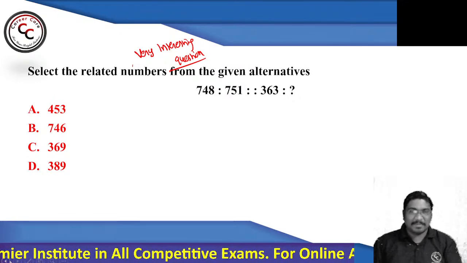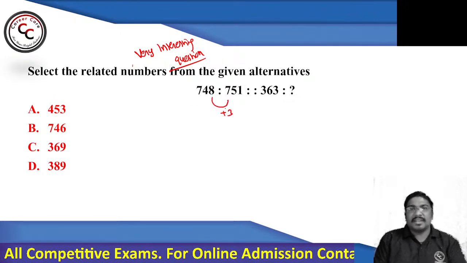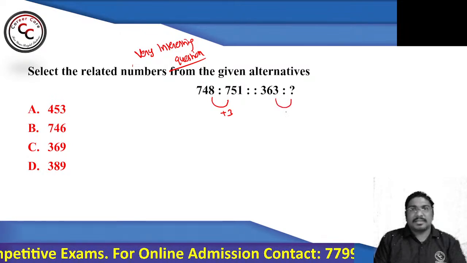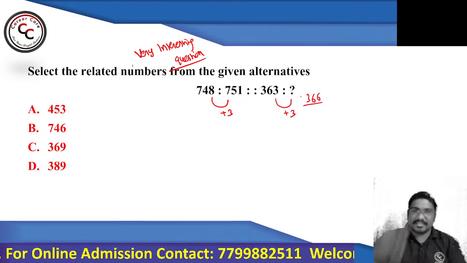Okay. Deepika is saying A. Chalo, let's see. 748 plus 3 is 751. 363 plus 3 is 366. You cannot find 366 in the options.